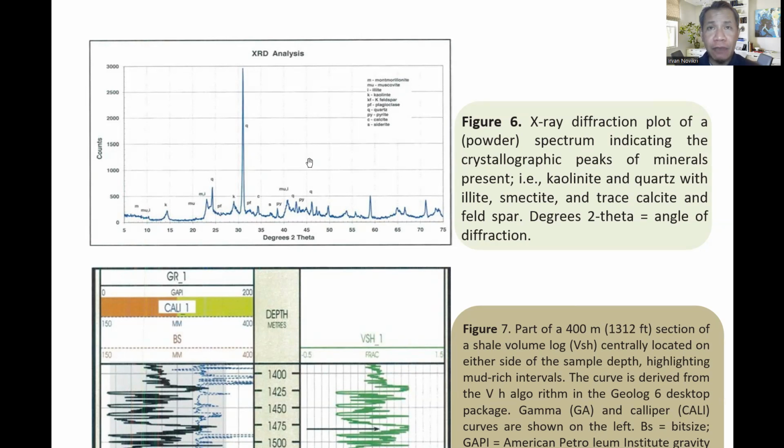The identified minerals include kaolinite, quartz, along with illite, smectite, and a small amount of calcite and feldspar. The x-axis of the plot represents the angle of diffraction measured in degrees 2 theta.